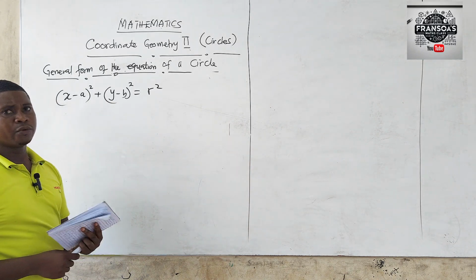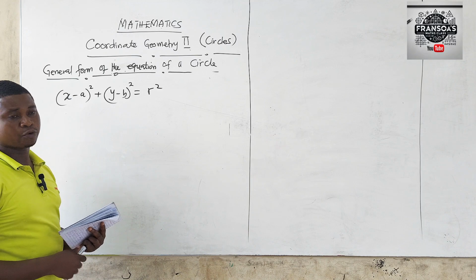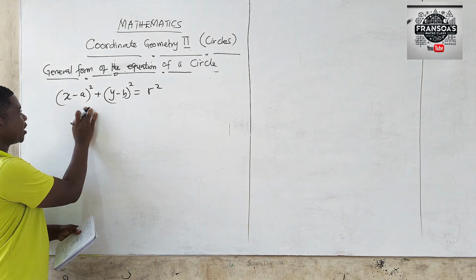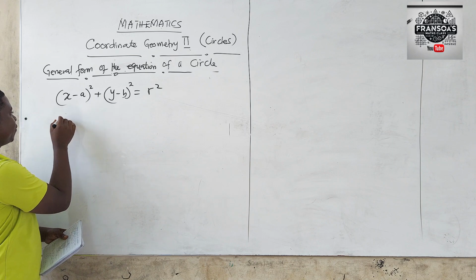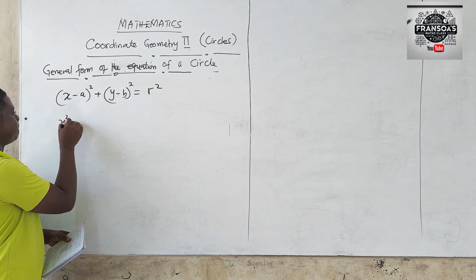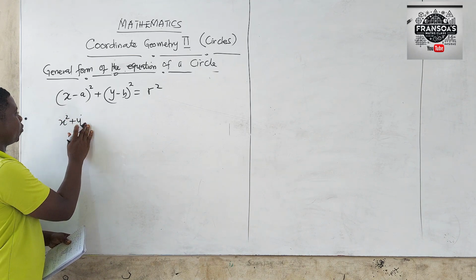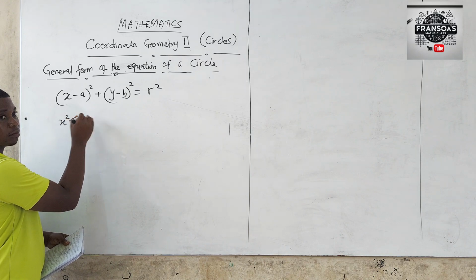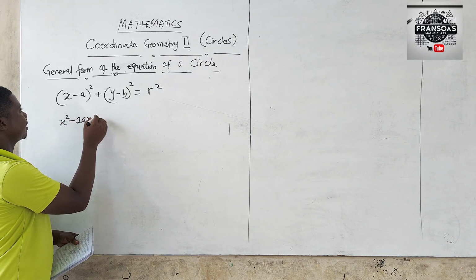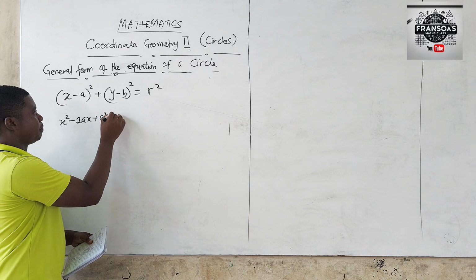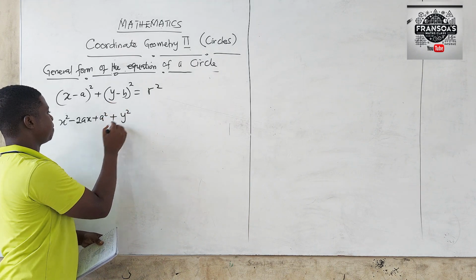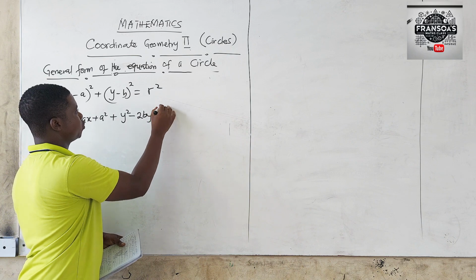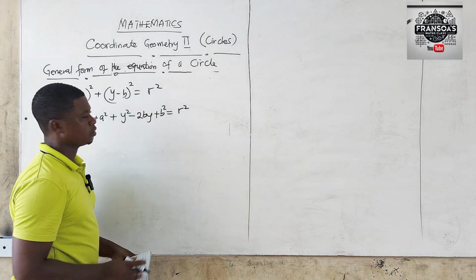But this time, we can expand this because we want to derive the general formula. When we expand this, we are going to have x squared minus 2ax plus a squared, plus y squared minus 2by plus b squared, is equal to r squared.